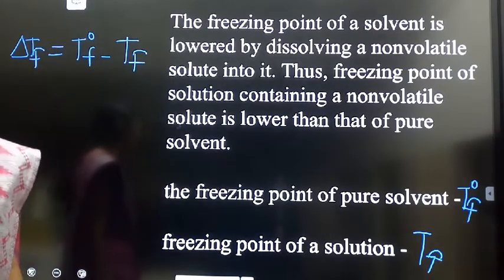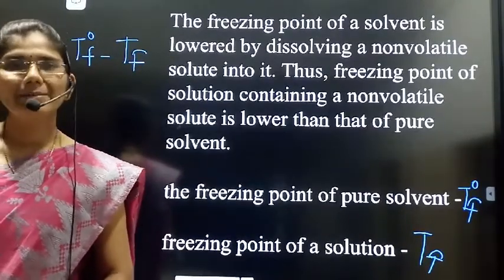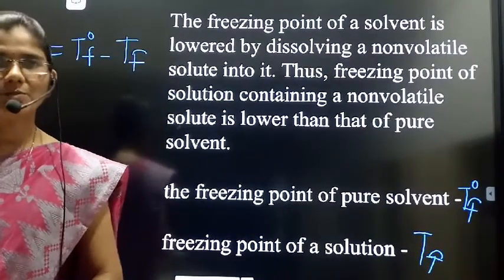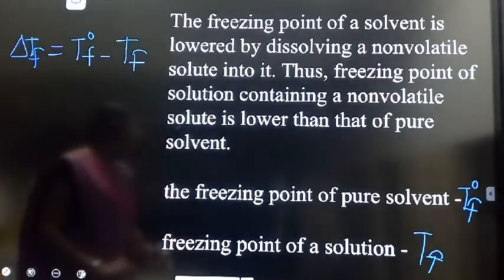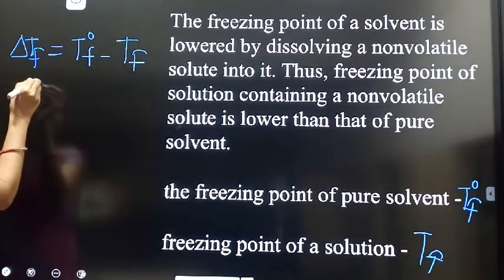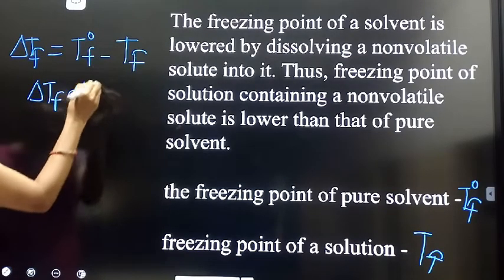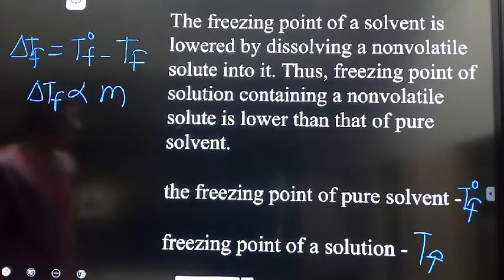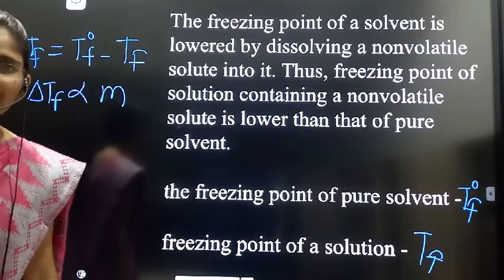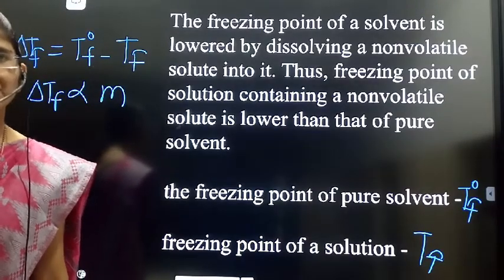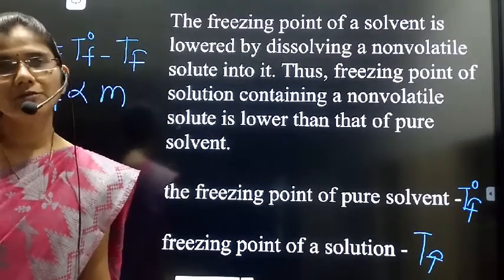Just like the elevation in boiling point, from thermodynamic consideration and experiment, for a very dilute solution, it is observed that this delta TF is directly proportional to m, the molality of the solution. How can we define the molality of the solution?